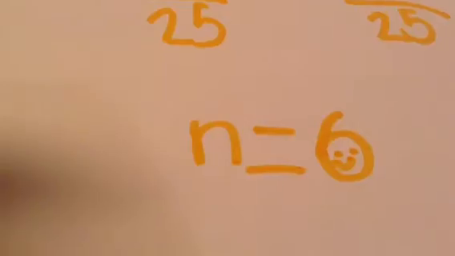So N equals 6. Smiley face. And that is B.